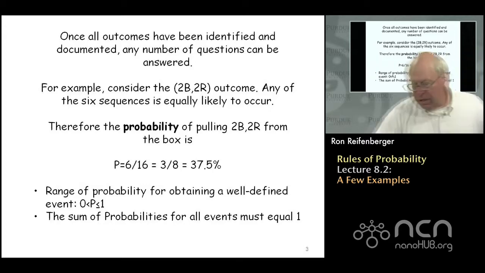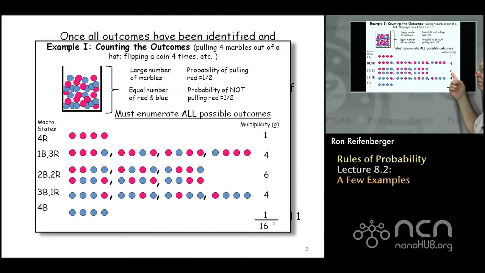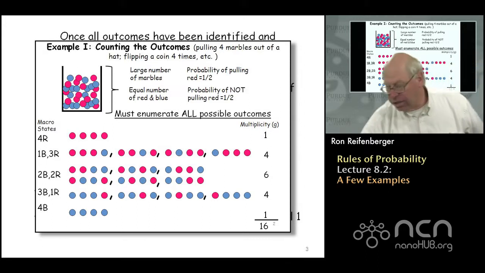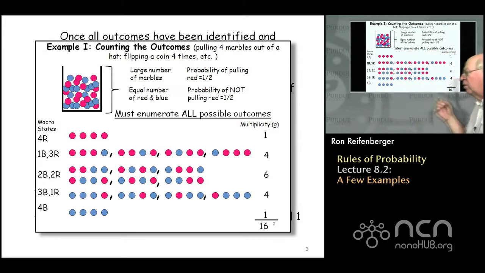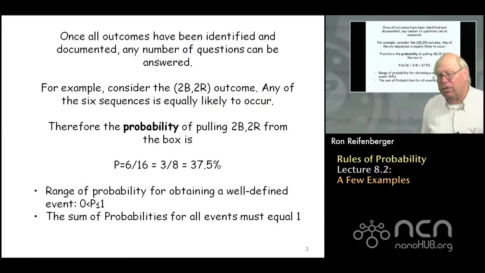That's the multiplicity 6 that we wrote down here on this slide. So there are 6 different ways that outcome can occur, and 16 total possible outcomes. So the probability of pulling 2 red and 2 blue is just the ratio of 6/16, which is 37.5%.